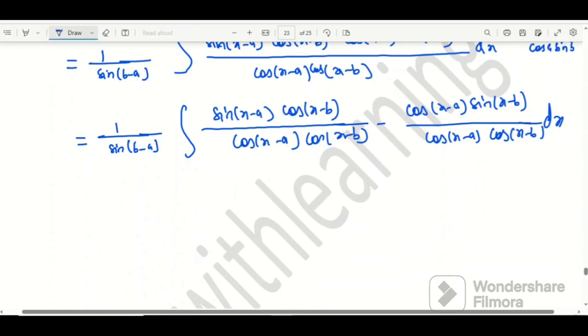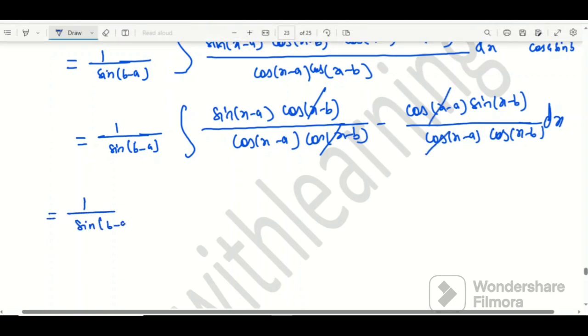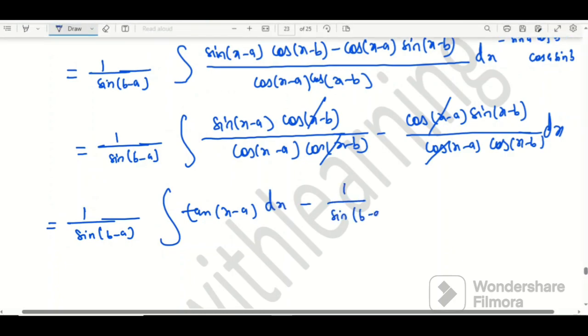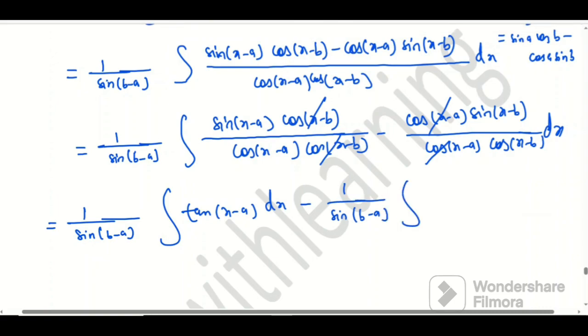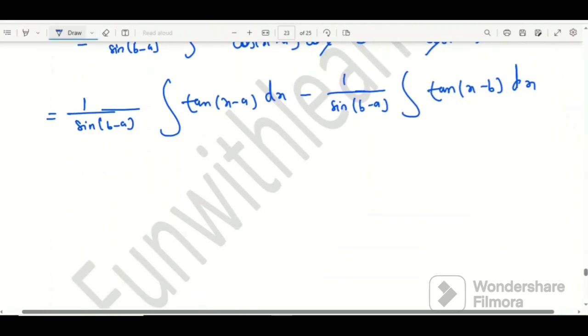Now I can cancel cos here, and here I can cancel cos x minus A. So I'll get 1 by sin B minus A, integration of tan x minus A dx, minus 1 by sin B minus A, integration of tan x minus B. Integration of tan x is log sec x.